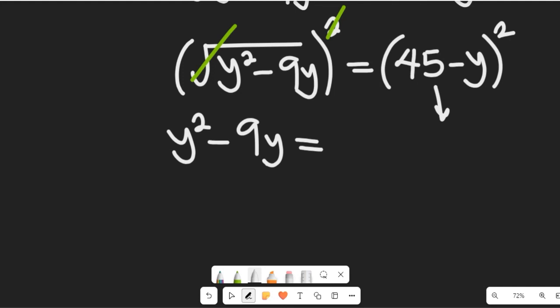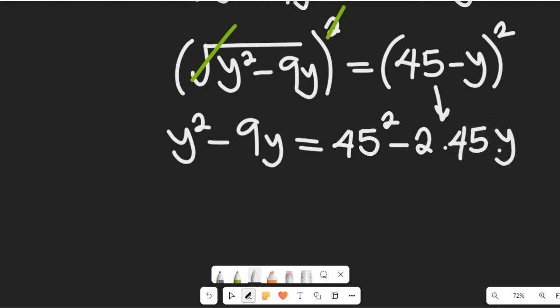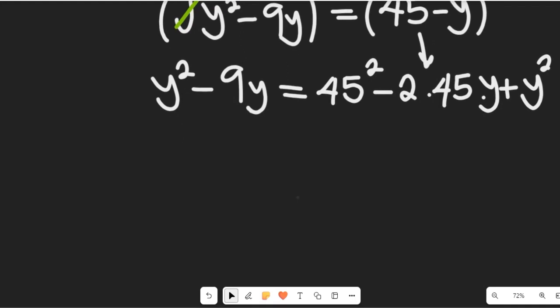From that algebraic law, if I expand this, this is going to give me 45 squared, right? Minus 2ab, that is 2 multiplied by 45 multiplied by y, and that will be plus y squared. So you recall that algebraic formula? Yes, that will help me expand that.